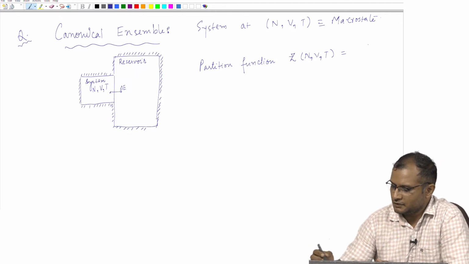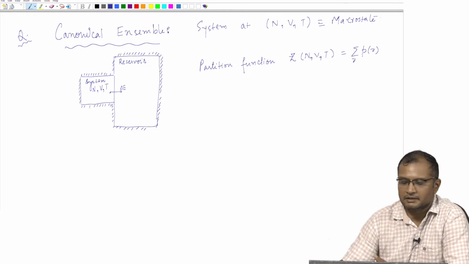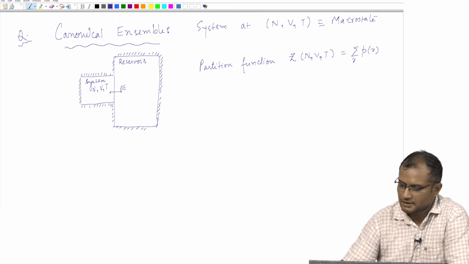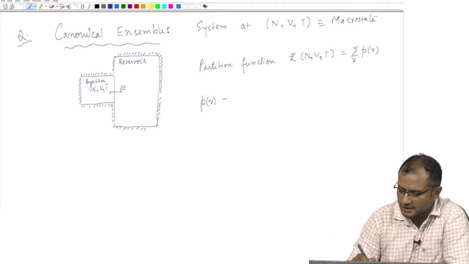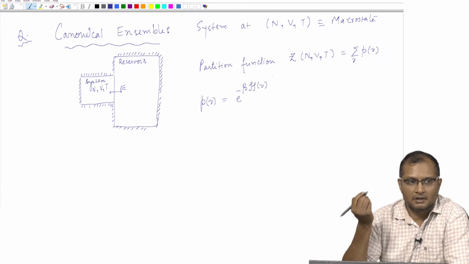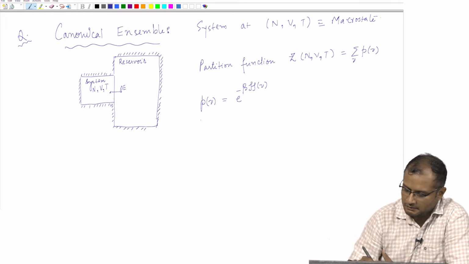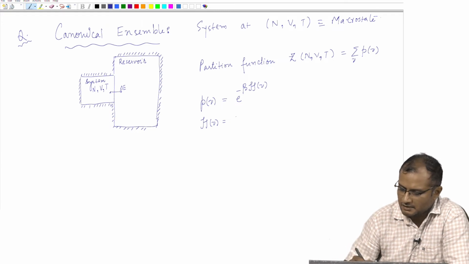So, the probability to find my system in some microstate nu, if I sum over all the probabilities, then basically I get my partition function. So, for the ideal gas, the probability of finding a microstate nu is e raised to the Boltzmann factor, minus beta H nu, where H nu is simply the Hamiltonian of a microstate, and for an ideal gas it is purely kinetic.